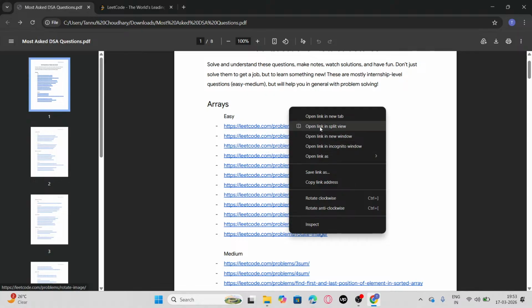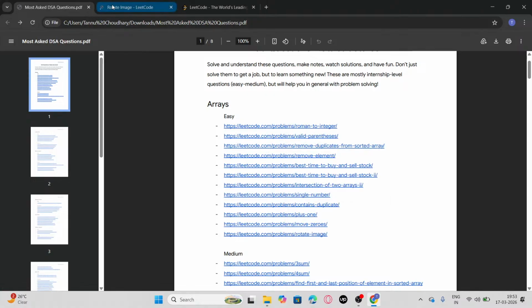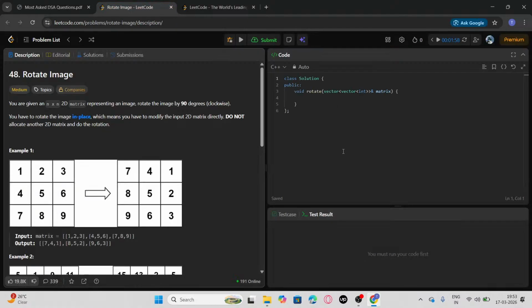Rotate image. Let's see if it's going to be easy. This is also an easy level problem, but let's see if I can solve it. We are given an n cross n 2D matrix. I don't think I'm good at matrix problems. Representing an image, rotate the image by 90 degrees clockwise.